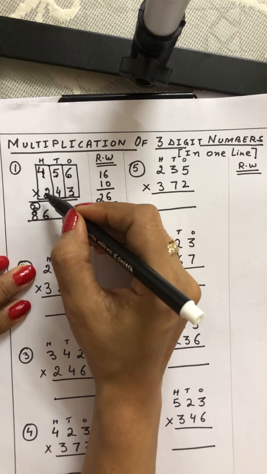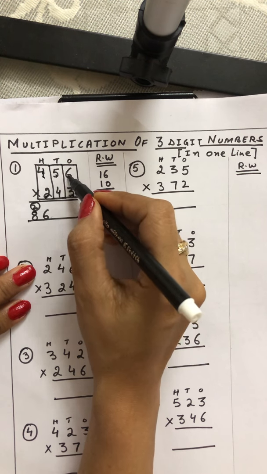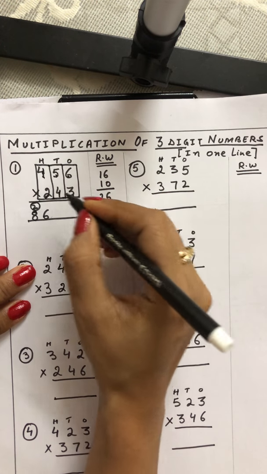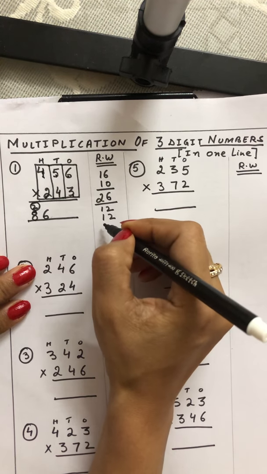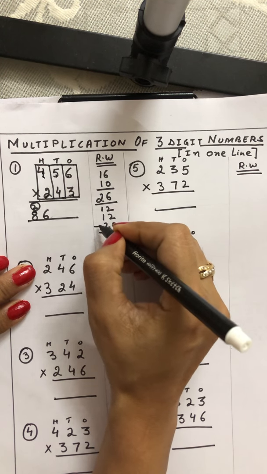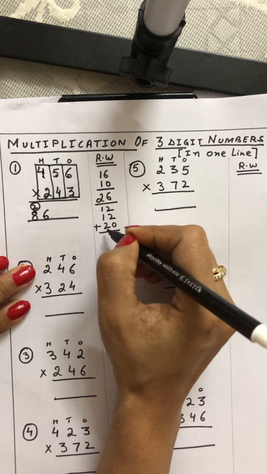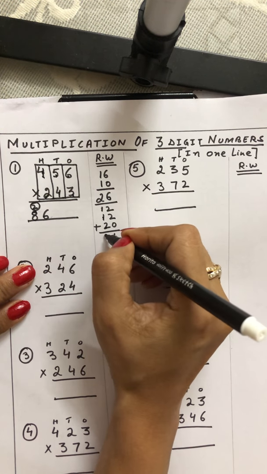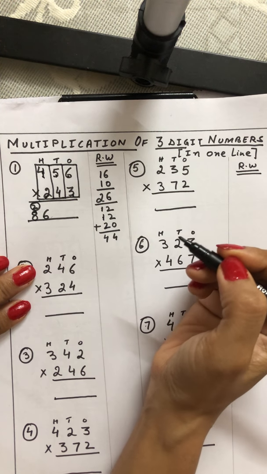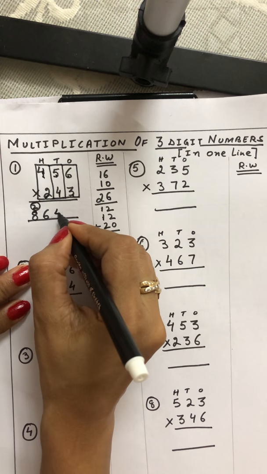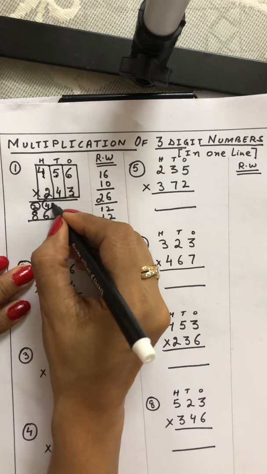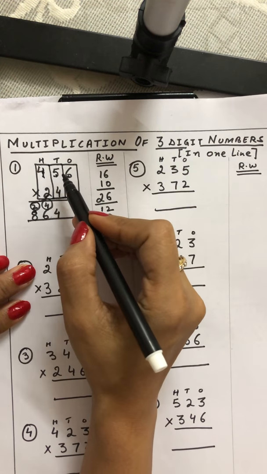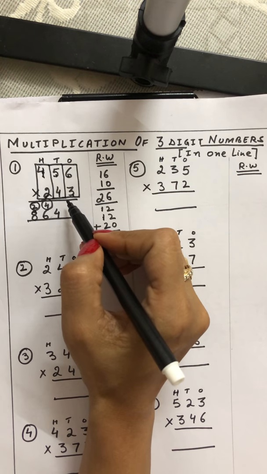Then 6 and 2 will be multiplied in cross, 6 2s are 12, and 5 and 4 will be multiplied vertically, giving me 5 4s are 20. Let me add them up. I get 2 plus 2, 4 here, 2 and 1 3 and 1 4. I get 44. In this 44, 4 will be written here, and this carry over 4 will go over 6. I have completed all the three columns.